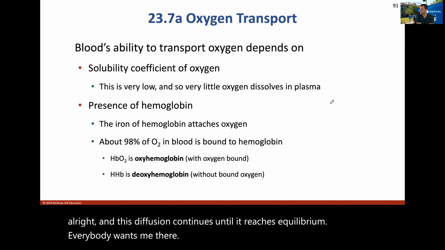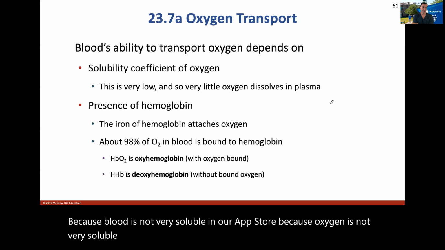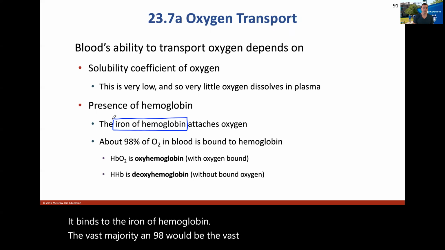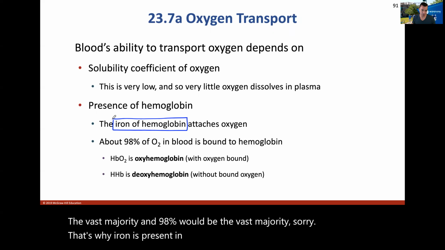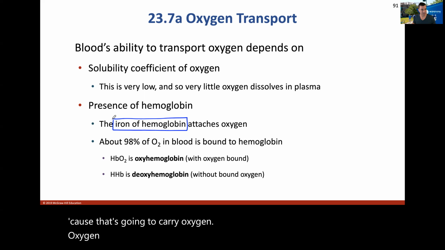Because oxygen is not very soluble in blood, it binds to the iron of hemoglobin. The vast majority, and 98% would be the vast majority. That's why iron is present in hemoglobin. That's why we have hemoglobin, because that's going to carry oxygen. Oxygen doesn't bind to anything else.